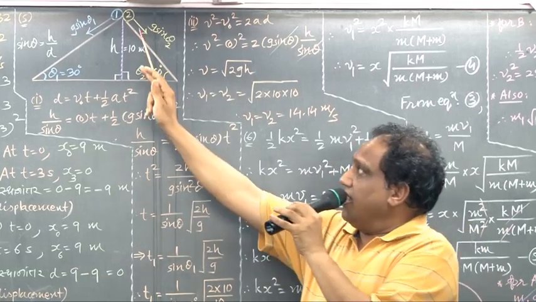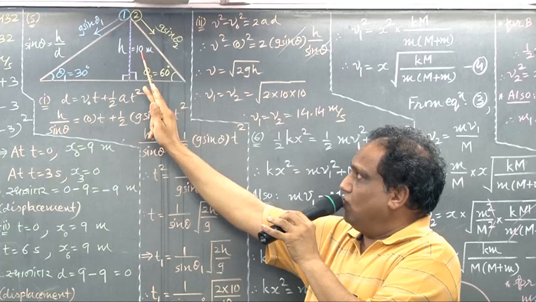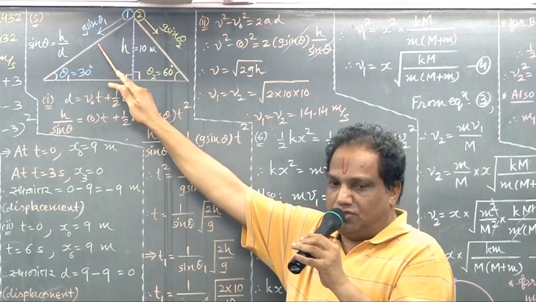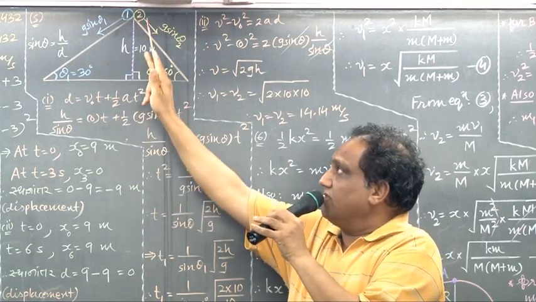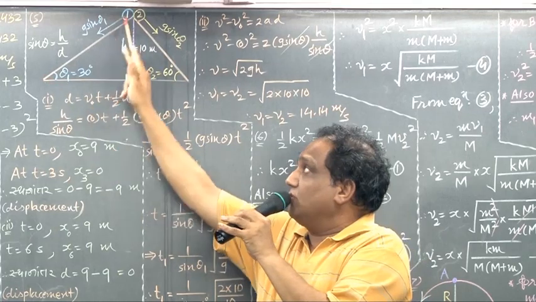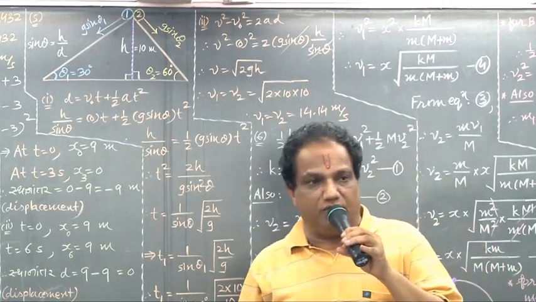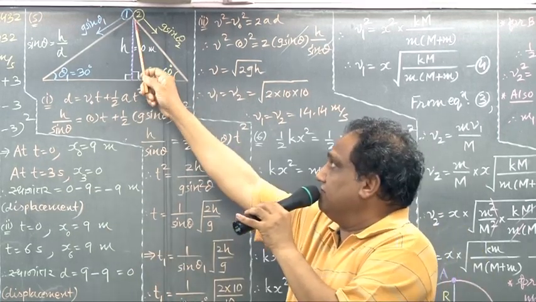And this is the height of the slope, and that height is given as 10 meter. Shift it from here to here, otherwise somebody will misunderstand that this is the length of the slope which is 10 meter. Length of the slope is not 10 meter. Height of the slope is 10 meter. You must write it 10 meter here.